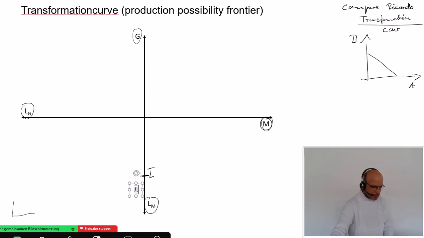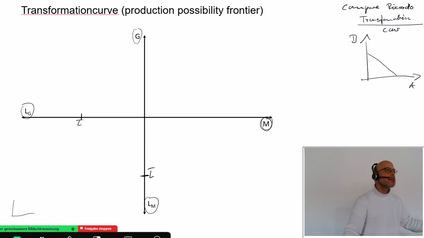This we don't need. This is from something else. Or, of course, we could have the same situation that everybody is working in the agricultural sector. Also L bar. These are two possibilities. Which we choose in the end, we do not know right now.